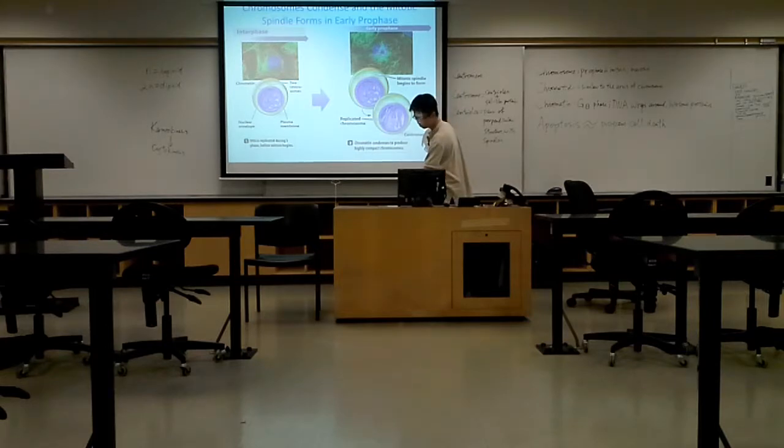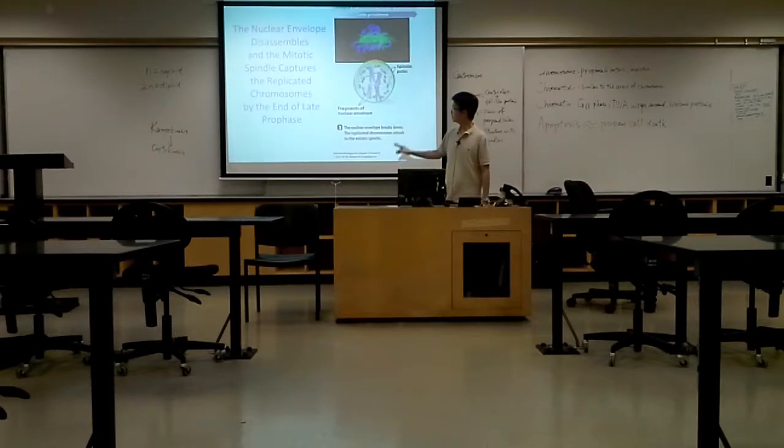So in prophase, there are three events. The first event is that the chromatin becomes chromosomes. The second event is that the nuclear envelope, or the nuclear membrane, will disappear. The third event is that the mitotic spindle from the centriole will attach to the centromere of the chromosome.